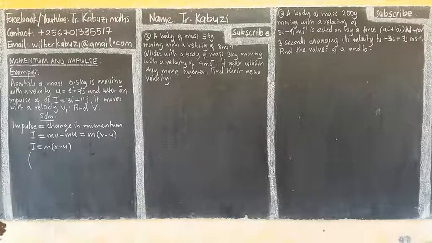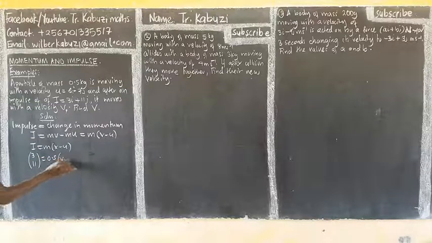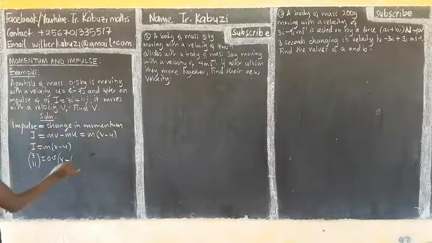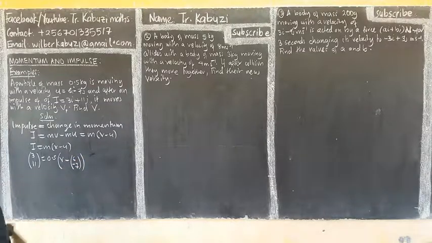So my I, in vector form, 3i + 11j, equals 0.5 into (v minus u), where u is the initial velocity, which is 6i − 7j. So if I open brackets there, I multiply this side by 2 and that side by 2.